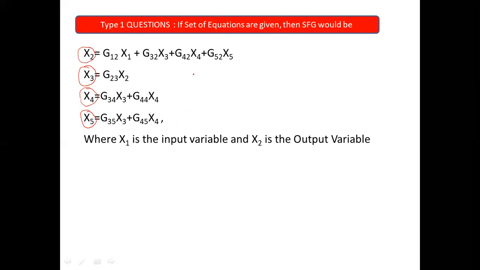How many state variables are there in this particular system? Overall we have 5 state variables: x1, x2, x3, x4, x5.